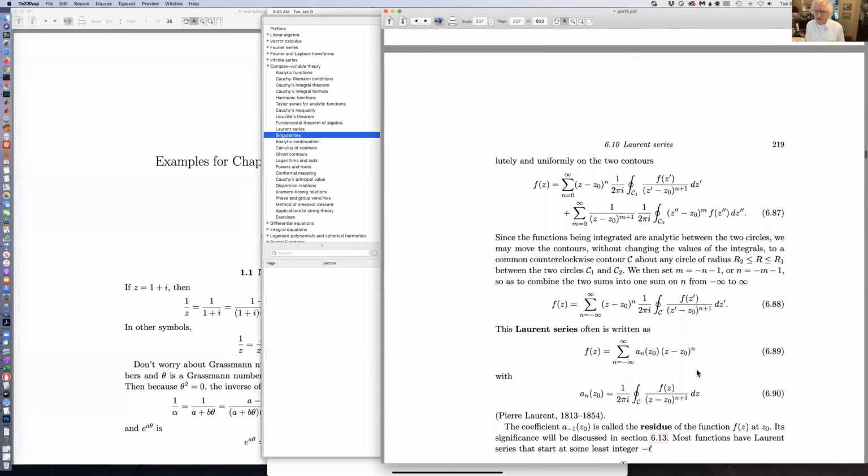Well, you continue in this way, what you find out is that the gamma function, so let me go back to 0, the gamma function is analytic in the complex plane apart from the points 0, -1, -2, -3, and so forth.